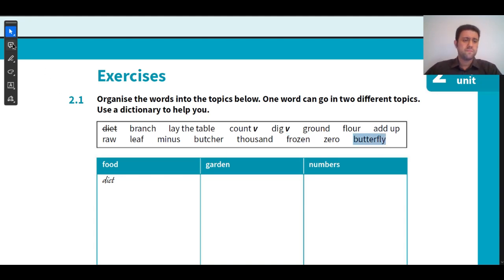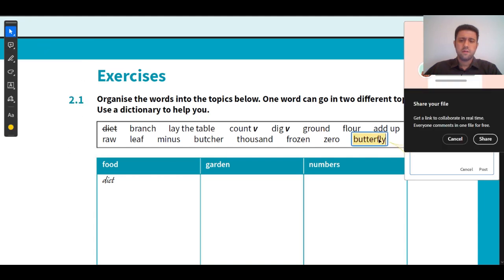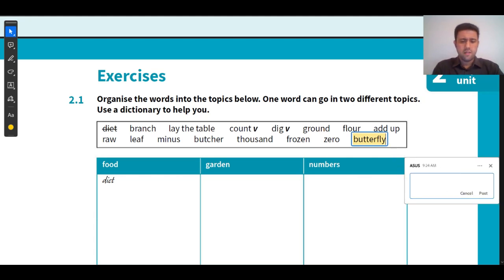So here, garden, and numbers. So let's do it together. So diet is related to food. Branch is related to garden.